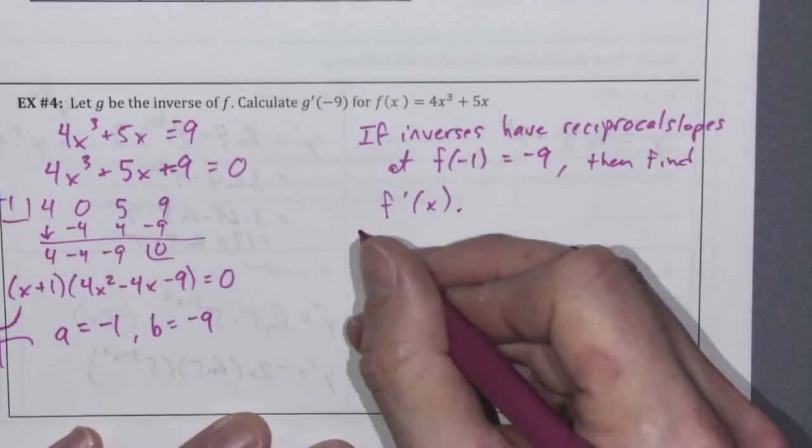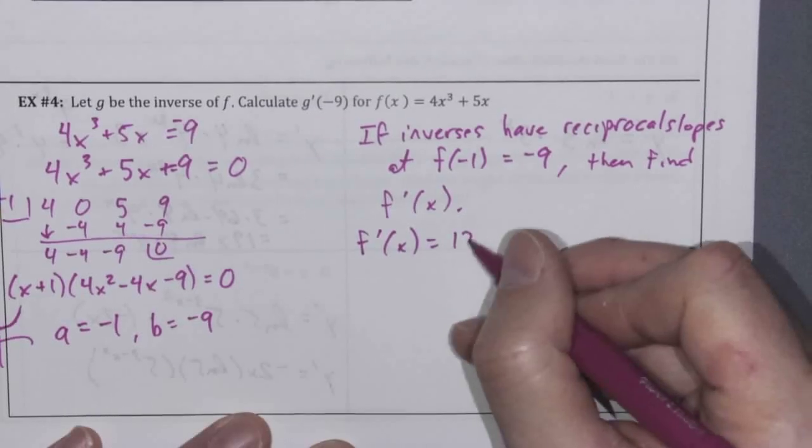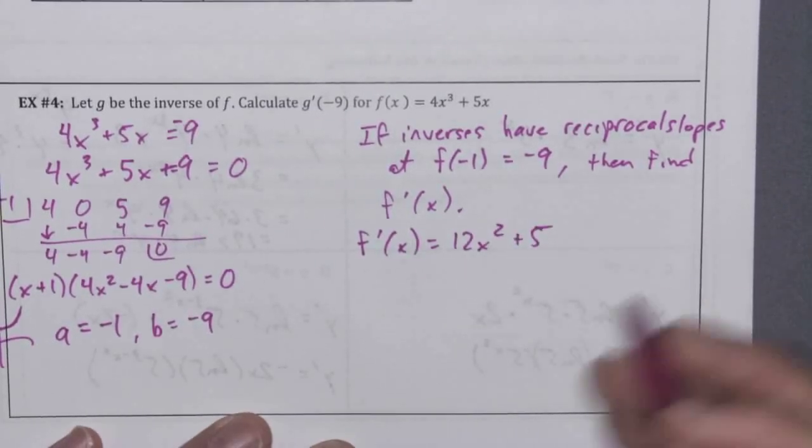So find f prime, and it is just the derivative here. That's 12x squared plus 5.